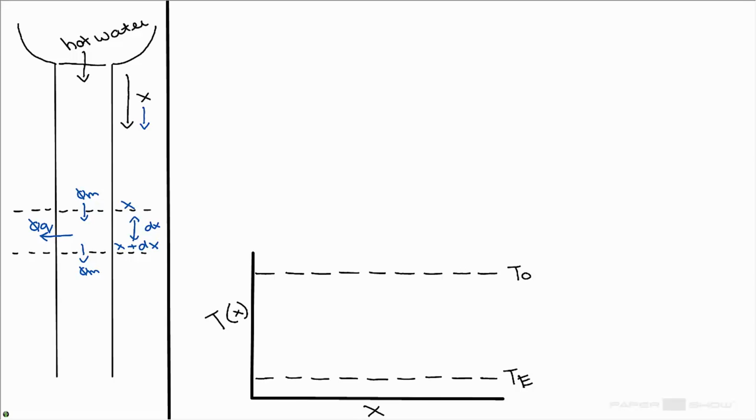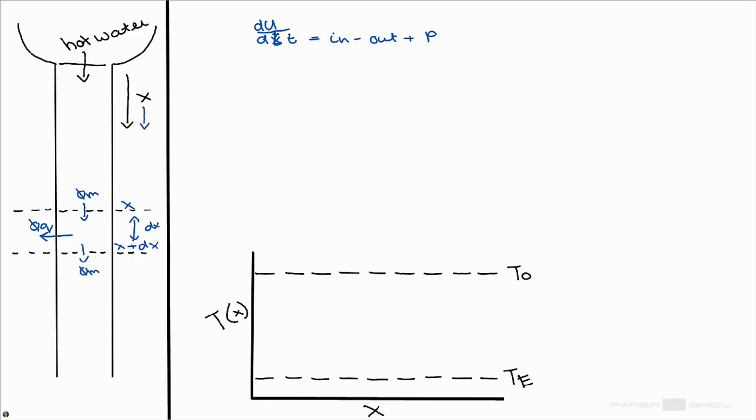Last time we used the mass balance. This time I'm going to use a heat balance to solve this. I'm taking the heat balance over this piece dx. So it's in minus out plus production.